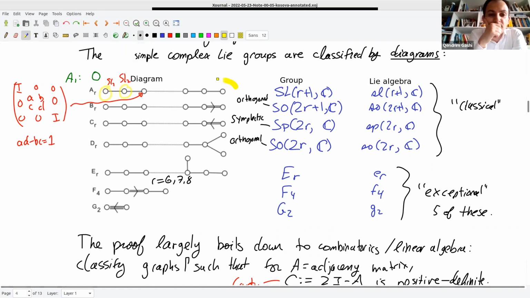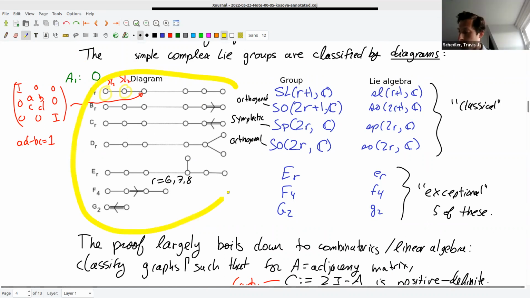But if you take these diagrams, you can try to do something interesting with them, and that is to consider the moduli of representations of the diagram. So instead of the group or Lie algebra associated to it, which is a completely different thing, you can just take the diagram itself, put a vector space at each vertex, and a linear transformation between them, and see what is the set of all such things up to isomorphism.